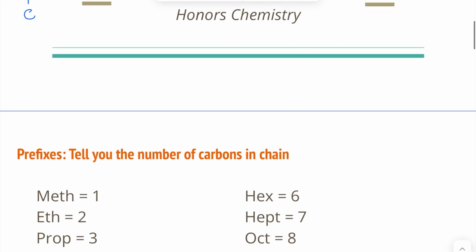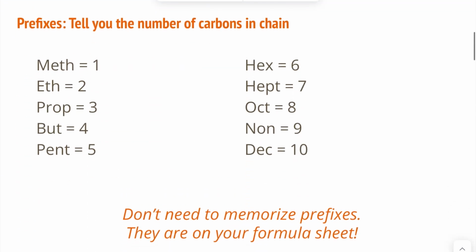And so we do have different naming conventions when we look at naming hydrocarbons. The first thing we're going to have is our prefix. It's going to tell us the number of carbons in a chain. These prefixes are different than those we were using for covalent naming, and they are provided on your pink formula sheet, so you don't have to memorize these.